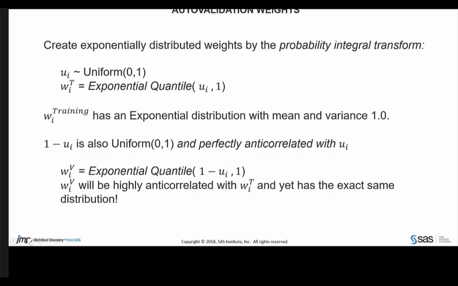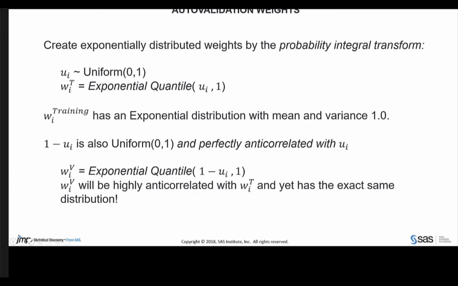A straightforward way to create anti-correlated weight pairs is to first create a uniform random variable between 0 and 1 and run that variable through the exponential distribution's quantile function. That will create a training weight that is exponentially distributed with a mean of 1 and a variance of 1.